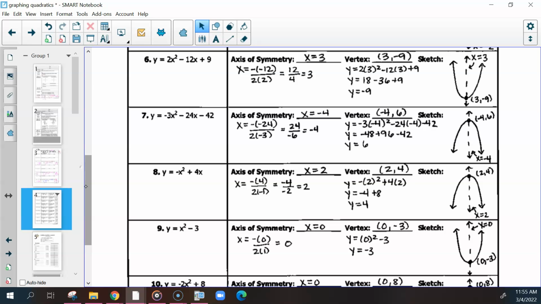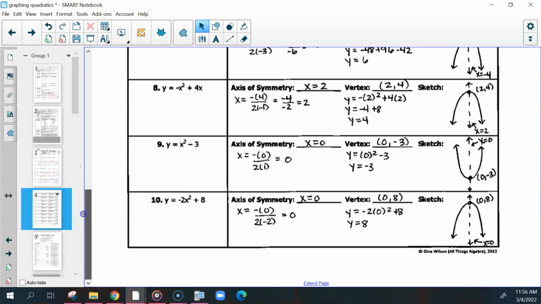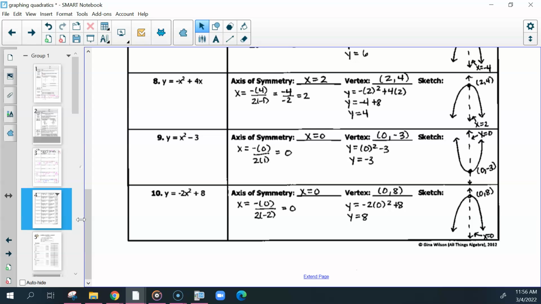Questions on that one? And then number 9, axis of symmetry, x equals 0, vertex 0, -3, and this was facing up.